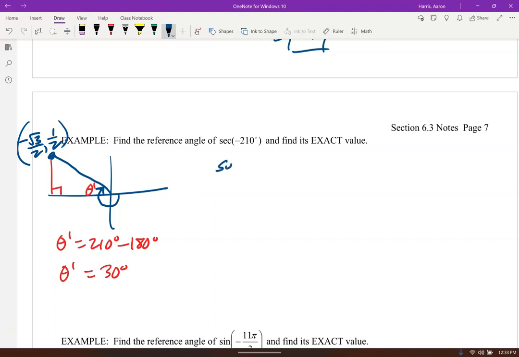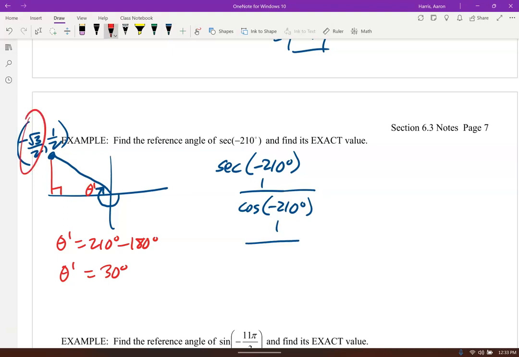And the secant is 1 over the cosine, and the cosine here is the x. So I got 1 over negative root 3 over 2, which again, flip that around, negative 2 over root 3, rationalize that, and you've got negative 2 root 3 over 3.